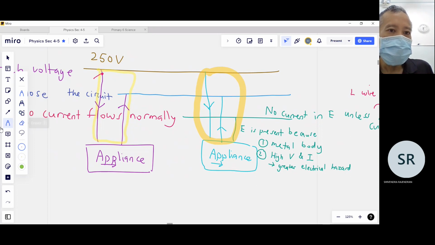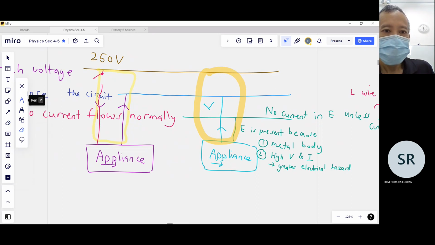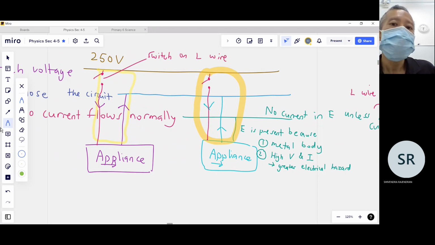Essentially, the switch is always on the live wire. This has come up before in the exams. It is never on the neutral.